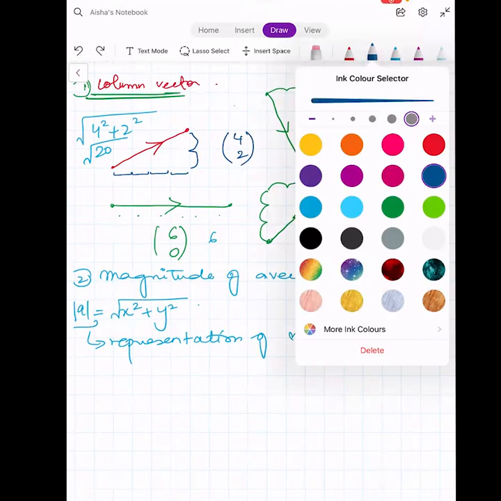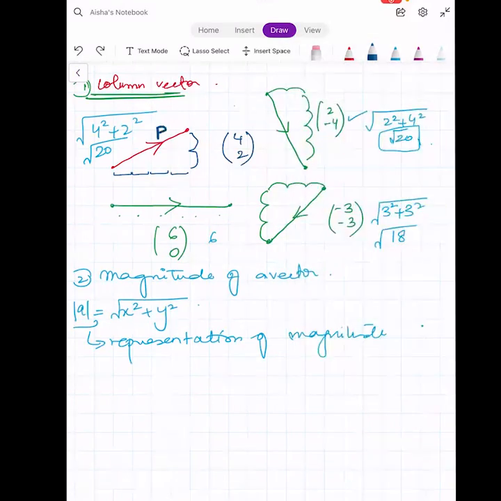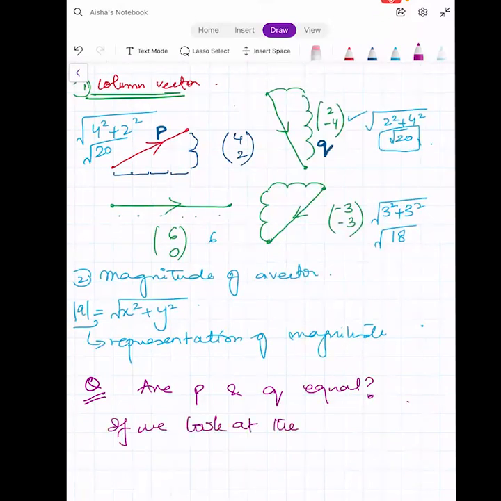Let's call this vector P, and let's call this vector Q. Now my question here is, are P and Q equal? If we look at the magnitudes, magnitude of P is root 20 and magnitude of Q is also root 20.